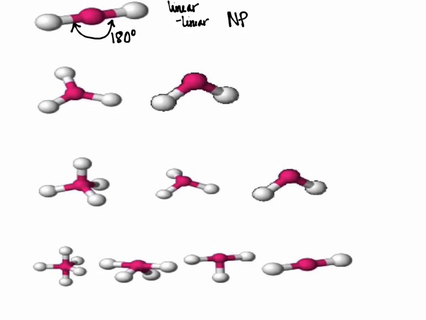Questions? Good? All right. So the next family that we're going to take a look at is the trigonal planar. So we have the trigonal planar family, and we have two types of geometry in this family. The first one is named right after its family.